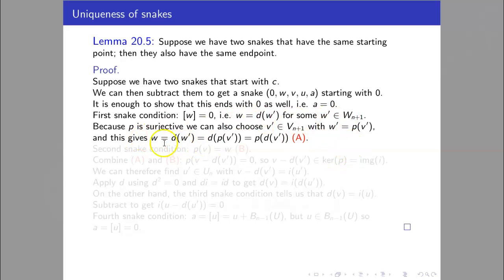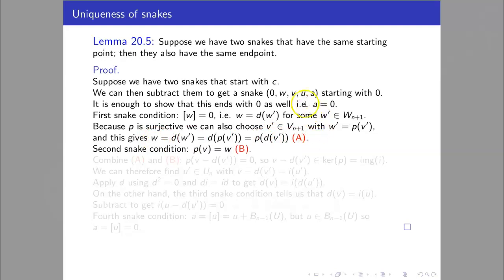Putting this together, w was d w prime, and w prime is p v prime, so we can write this as d p v prime. But because p is a chain map, we can also write that as p of d v prime. This is the first of a couple of equations we need. We're going to call this one (a), that w is p d v prime.